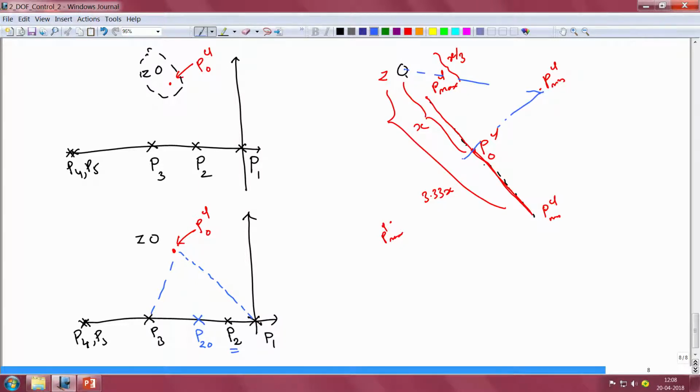So if the plant pole position alone were to change, then the closed loop pole will move along this blue colored solid straight line as shown here, which passes through the point PCL naught in such a manner that the extremities of this line when connected to the point Z form a triangle which is similar to the triangle formed when the extremities of the point P2 are connected to the point PCL naught, or in other words the triangle PCL naught P1 P3 is similar to the triangle Z PCL min PCL max.